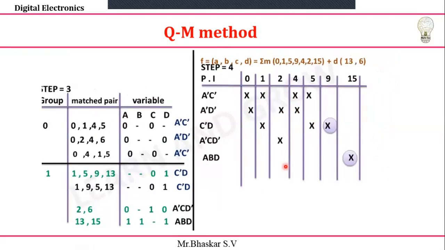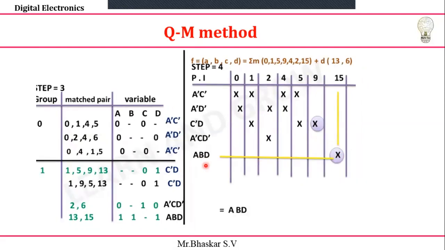Once you make the cross, now you look at the particular row and particular column. If looking at a particular row, it does not contain any crosses, nothing matches with any min terms. Then I'm going to consider it individually. First, directly I can write ABD. You can see that directly I can write ABD here.